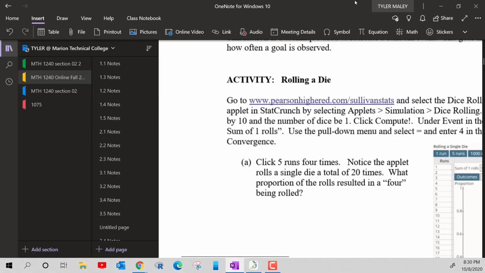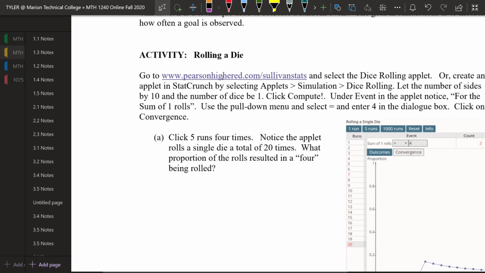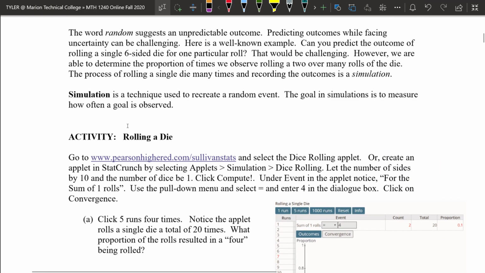Oh, and I noticed there's a typo in these notes. Instead of saying let the number of sides be 10, this should say 6. That is a typo.